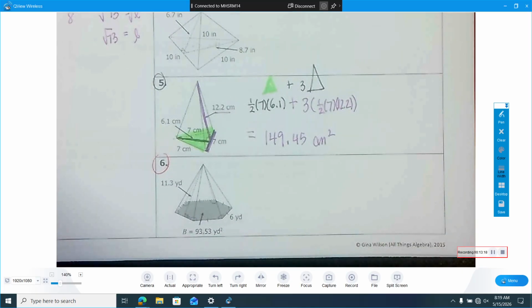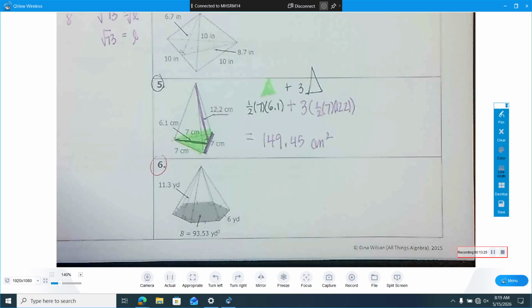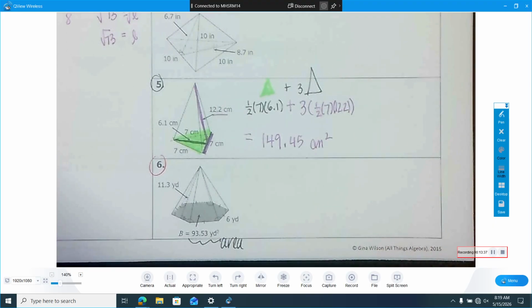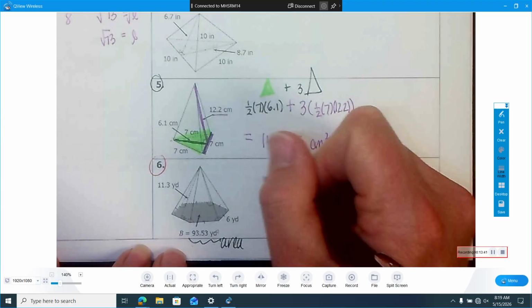What is number 6? Hexagon base. And what is this? But what is it telling me? Square yards, which is a measure of area. Yeah, they're telling me the area, so I don't have to calculate it. Okay, that's kind of nice.